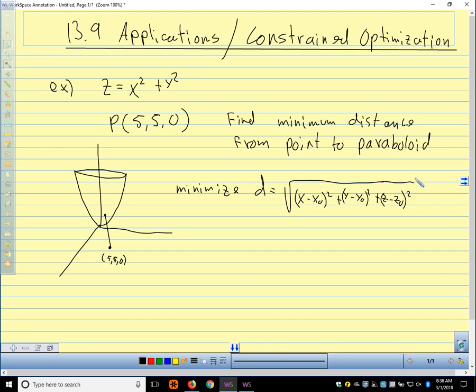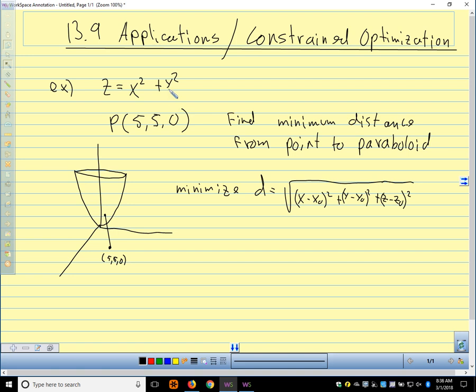So we have to minimize that thing. Well, what is the problem? The first problem that we see is that there are three variables, x, y, and z, and we've only been talking about minimizing two-variable functions.